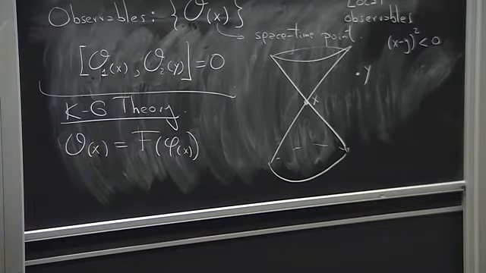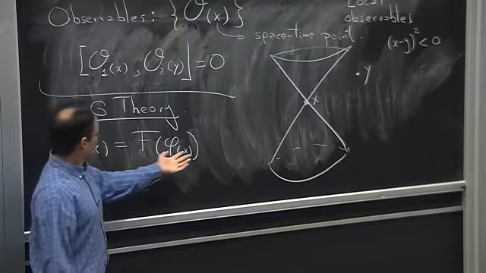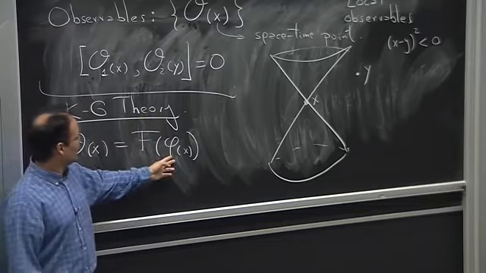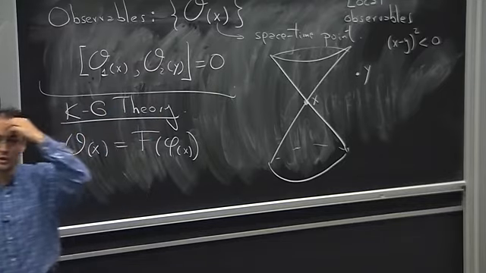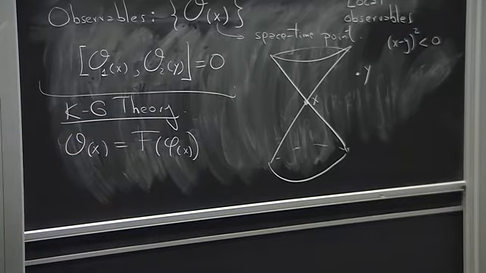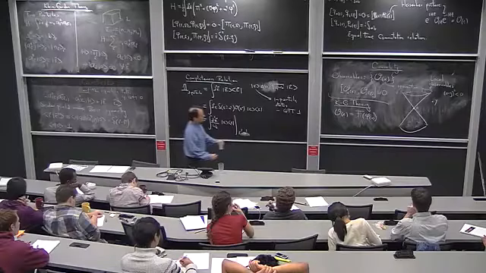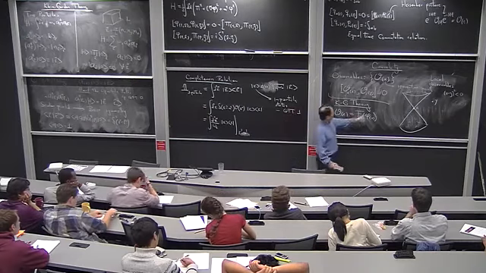Okay. So is it true that the set of functions of phi satisfies this property? Yeah, so this time it would be a safe bet to say yes. And that's what we're going to do tomorrow. We're going to find out that this is indeed true.